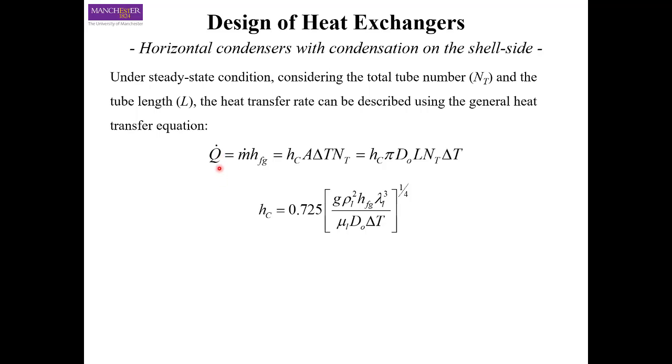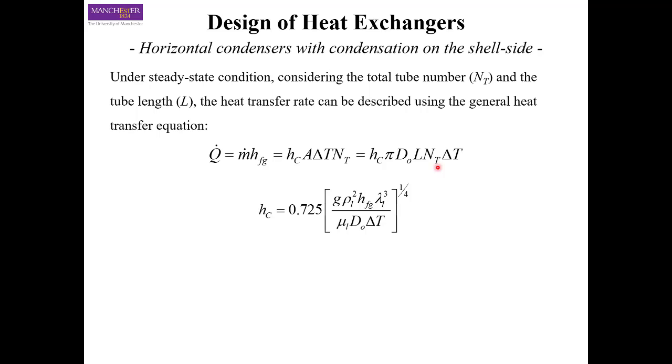Q is the heat released due to condensation, M is the flow rate and lambda the heat of condensation, and that should be equal to Hc A delta T NT, because now we are writing for the whole tube bundle. And since we have a circular tube, we can write the area as pi d node L, because we know the length is L and d node is the diameter of the tube.